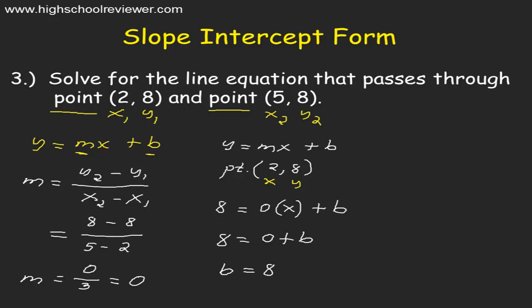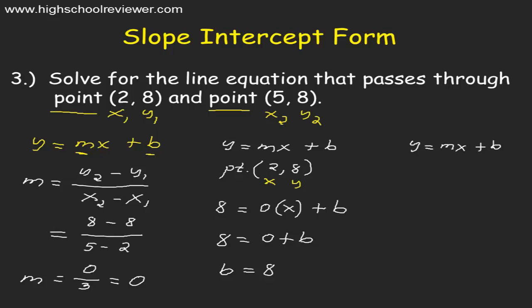We can now find the slope-intercept equation, or the equation of the line. Again, we are going to use y is equal to mx plus b. But y and x now will stay the same. Okay? We are not going to substitute any values from any point anymore.